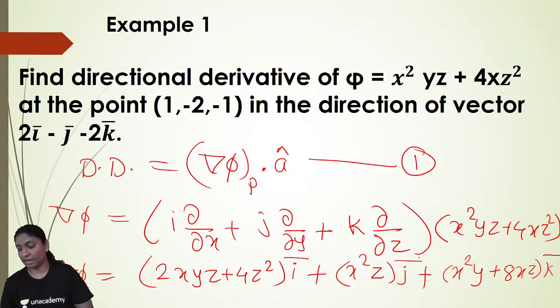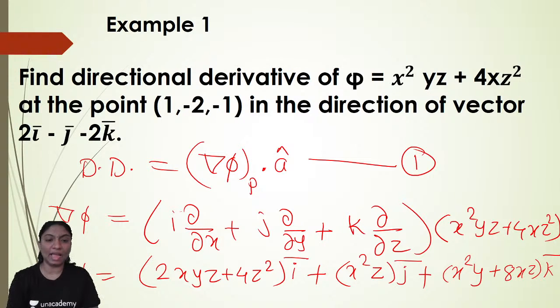Okay, so you will get this. Now we will calculate del phi at the point (1, -2, 1).